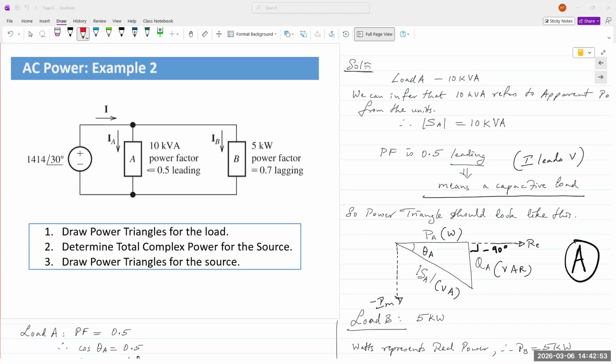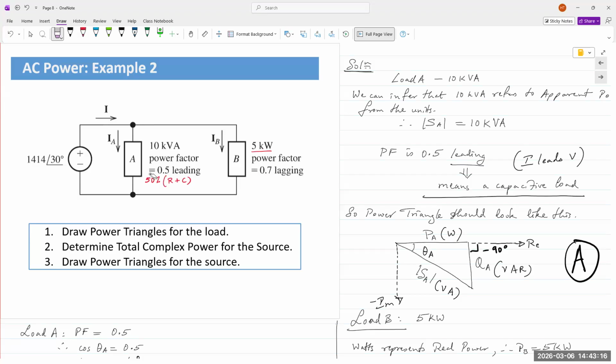It's a capacitive load. So power factor is 50%, more likely than not, has resistors and capacitors. Load B is given as 5 kilowatts with a power factor of 0.7 lagging.